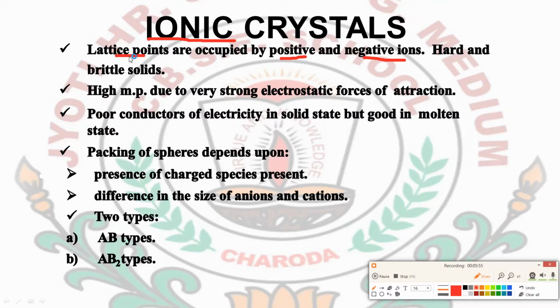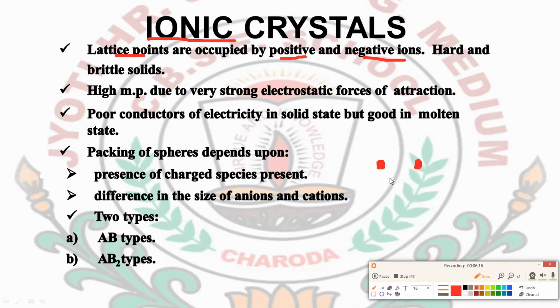So the lattice point, in the previous class I have discussed about the lattice point. What was the lattice point? The lattice points were the positions of the molecules or particles in a proper lattice structure.